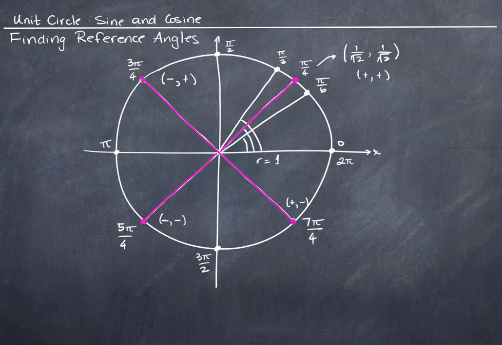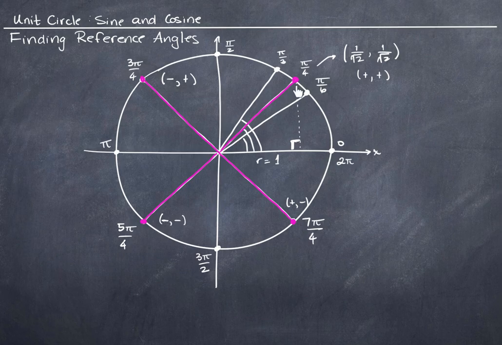That's just from algebra. Now, if we look at the coordinates of the point associated with the pi over 4 angle, with the 45-degree angle, we remember that we drew a triangle here, that it was a right triangle, that it was an isosceles triangle. This side length was the same as this side length. Let me put in that dotted line.